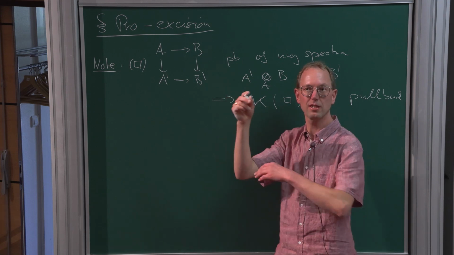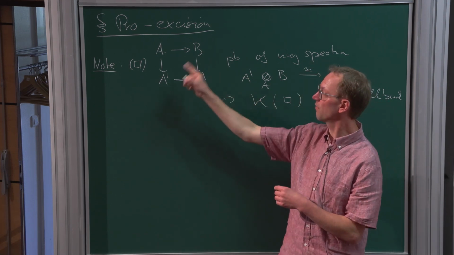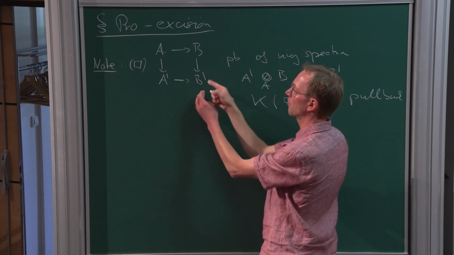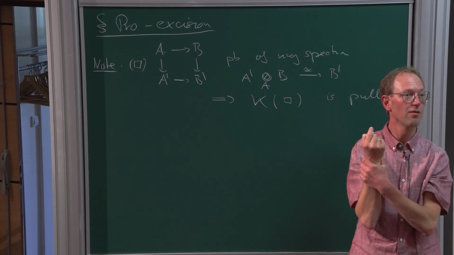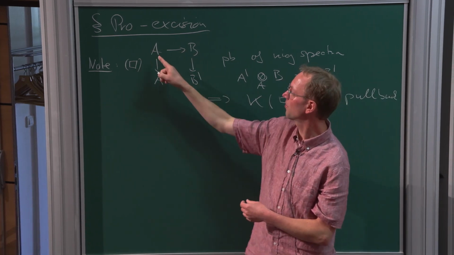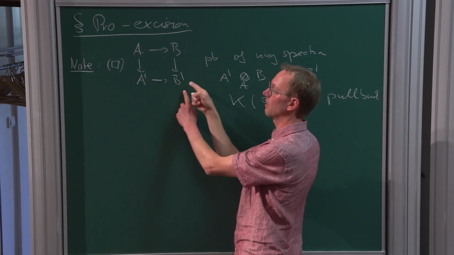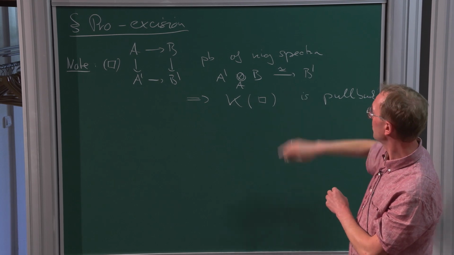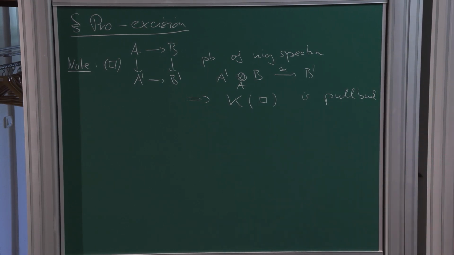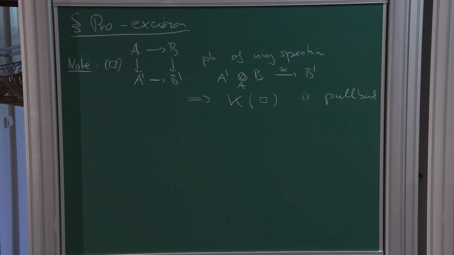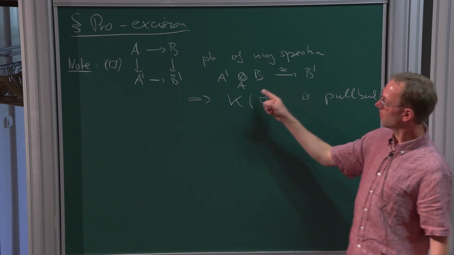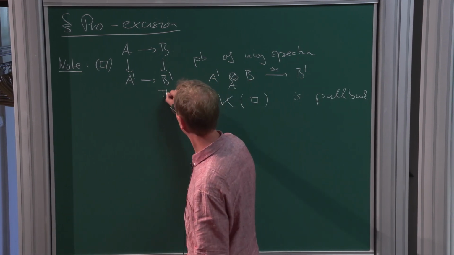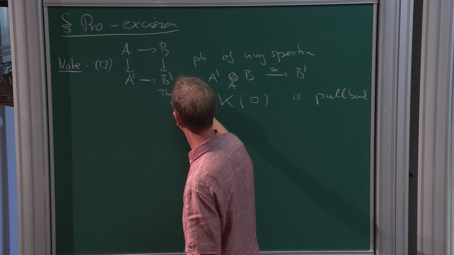You could also have squares, even of discrete rings, where these two maps are only jointly surjective, or in other words, you have a short exact sequence 0 to A prime plus B, and then to B prime. For this statement it doesn't matter. I will apply it later for connective things. This is just a consequence of the theorem from yesterday, and it didn't involve this assumption.